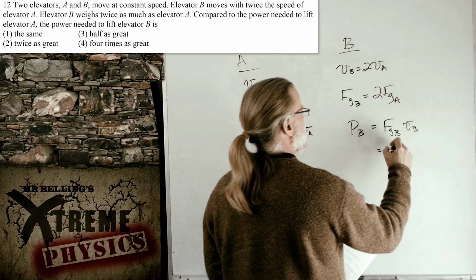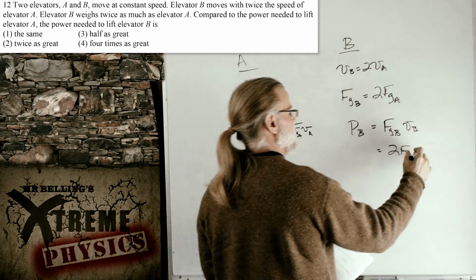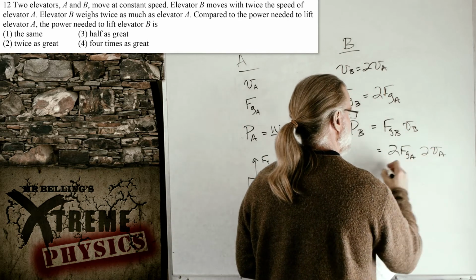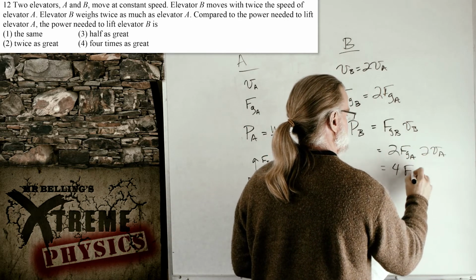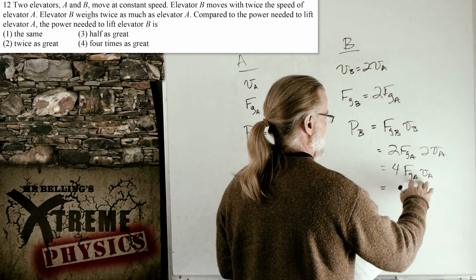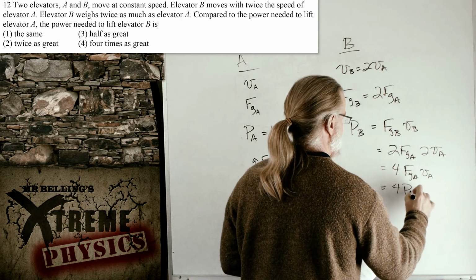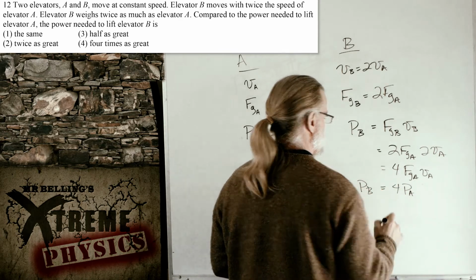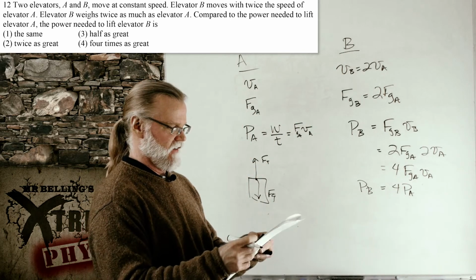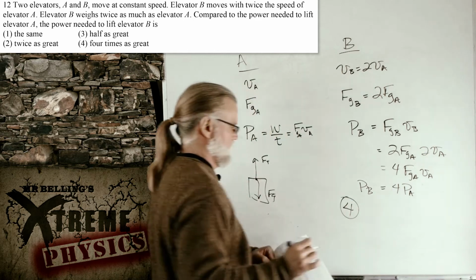Force of gravity on B is 2 times the force of gravity of A. Velocity of B is 2 times the velocity of A. So that looks like it's 4 times FgA VA. But FgA VA is the power of A. So that's 4 times the power of A. Let's see, is that a choice? Yes, that's 4. 4 times is great.